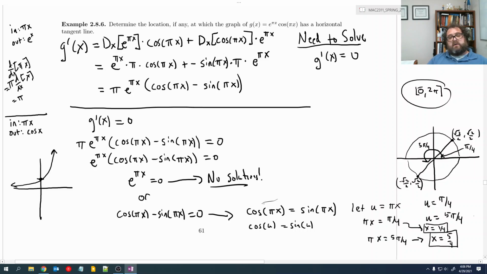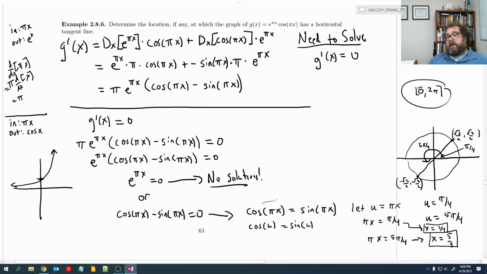I just realized whenever we do this substitution, I don't always forget this, but I do forget sometimes. Whenever we do substitution, it's best not to stop considering solutions. Like if you're interested in 0 to 2 pi, well, you might want to consider more initial solutions in terms of u.